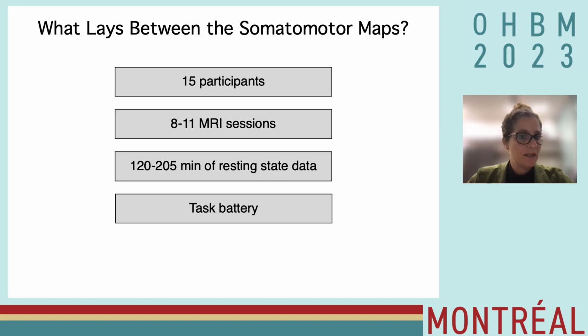We have 15 participants, 8 to 11 MRI sessions per participant, including 120 to 205 minutes of resting state data, and we also acquired data from multiple tasks based on many previous studies to specifically target hypothesized processing.